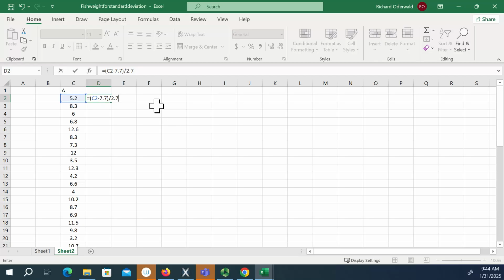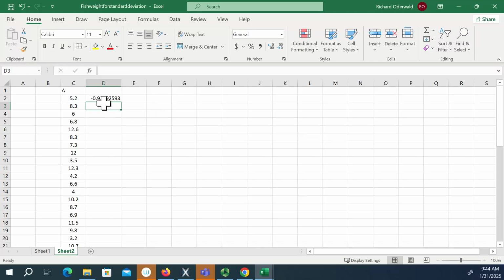And we're losing accuracy in decimal places all over, but it's not going to make a lot of difference. So this is how many standard deviations 5.2 is from the average. And it is about 1 standard deviation below the average.